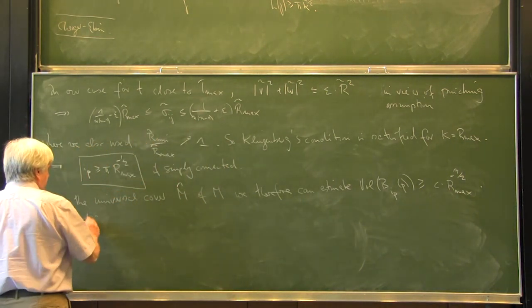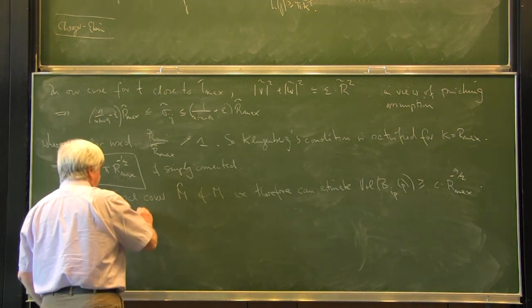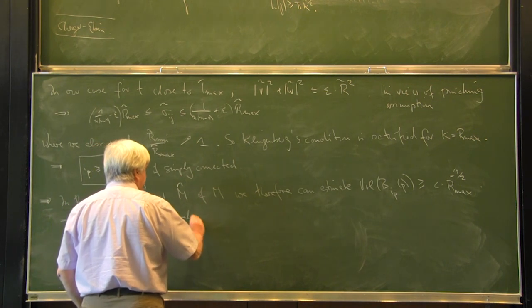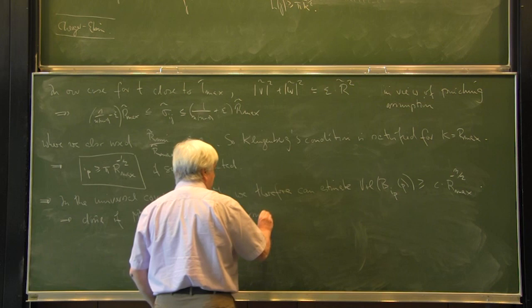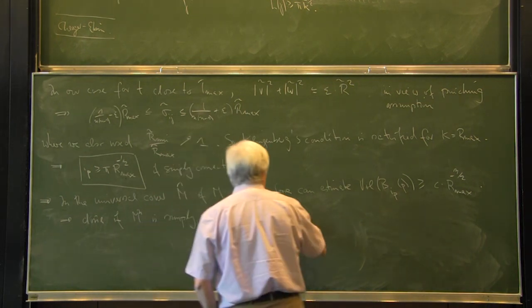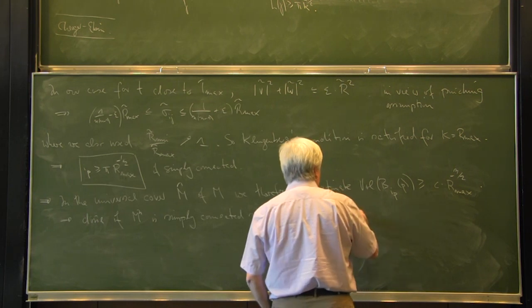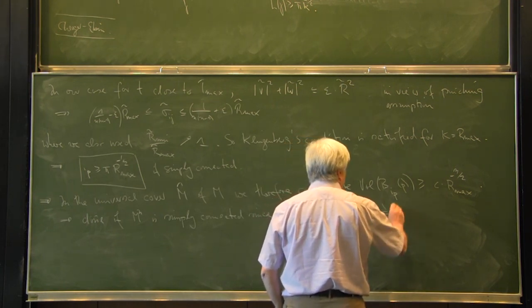So we're done if Mn is simply connected, since V tilde is equal to 1 and R min bigger than 1/2 R max.